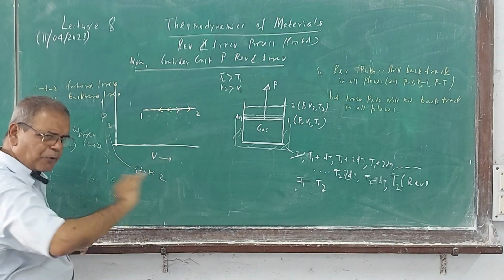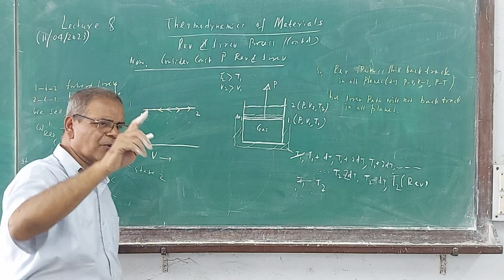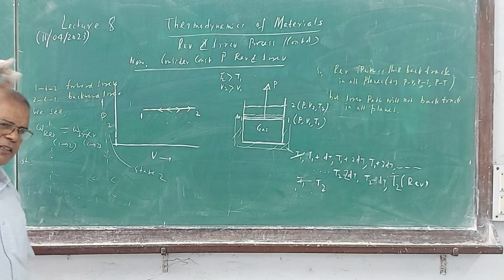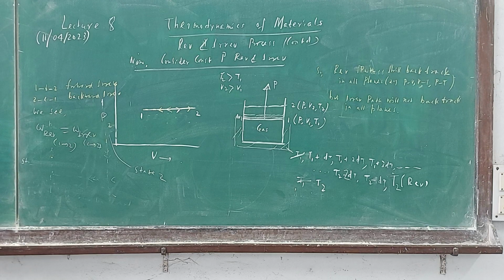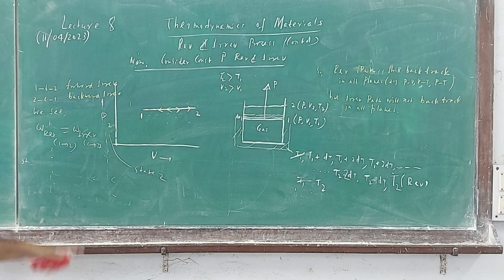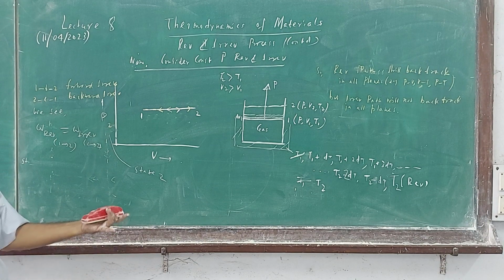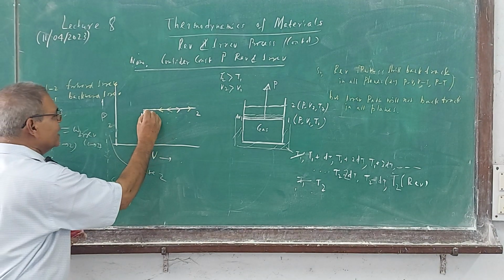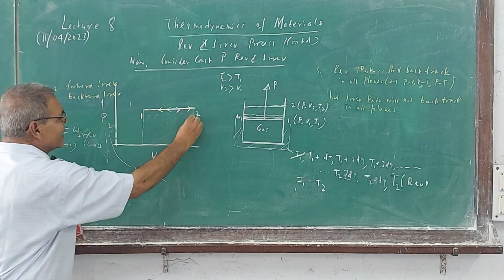Consider forward only, not backward; that is over. Reversing is over. Now the work done in the reversible path is the same as in the irreversible path. Why? Because of the area under the curve. Even for the dotted path, area is area.